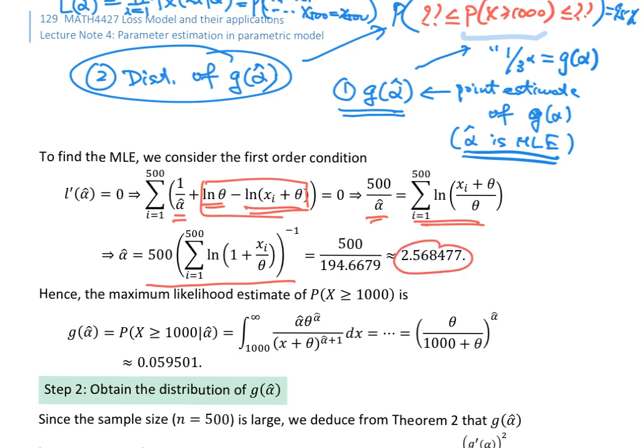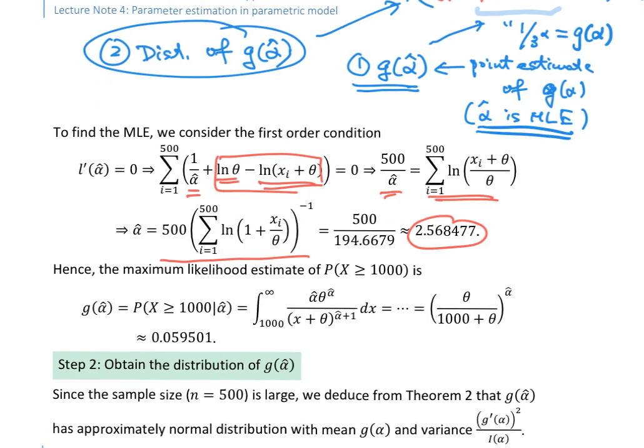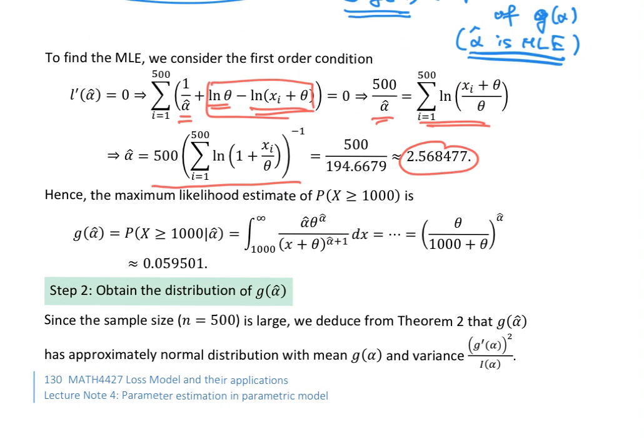So that will be your MLE. Of course, you should also check the second order condition, but I just try to save space and I didn't do that, so you can try to verify that by yourself. This is how we find the MLE of alpha.